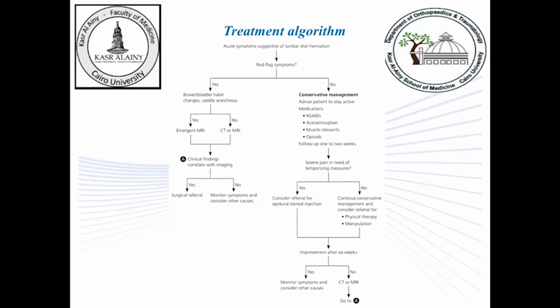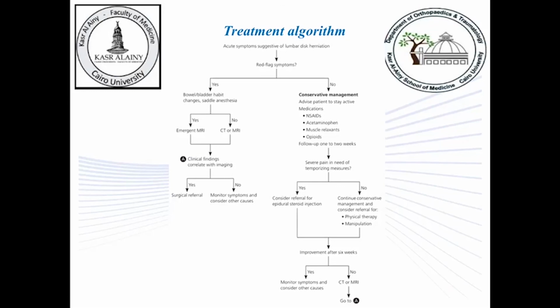The treatment algorithm. Any patient presenting with acute symptoms suggestive of lumbar disc herniation should be properly examined. If there is any of the red flag symptoms, then we should check for the bowel and bladder habits, the saddle anesthesia. If present, this is suggestive of cauda equina syndrome, and emergent or urgent MRI should be done, and urgent decompression should be done within 48 hours.